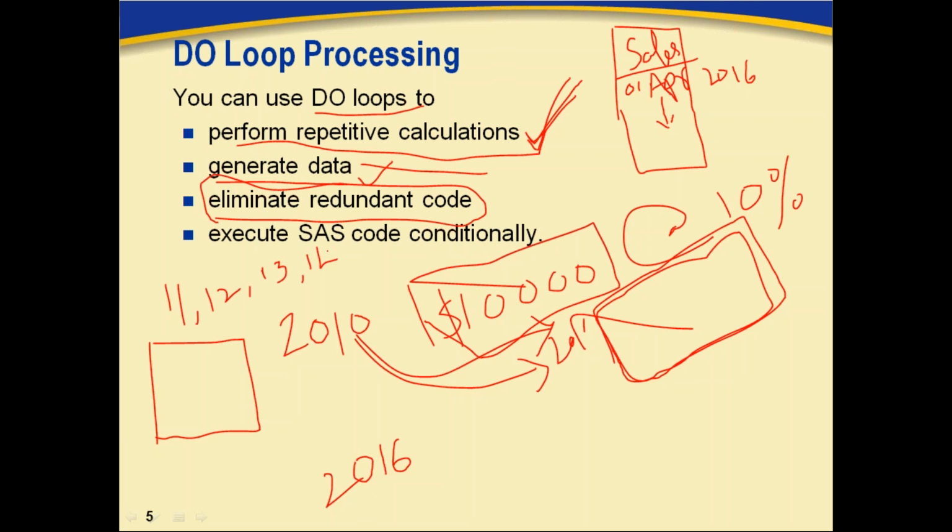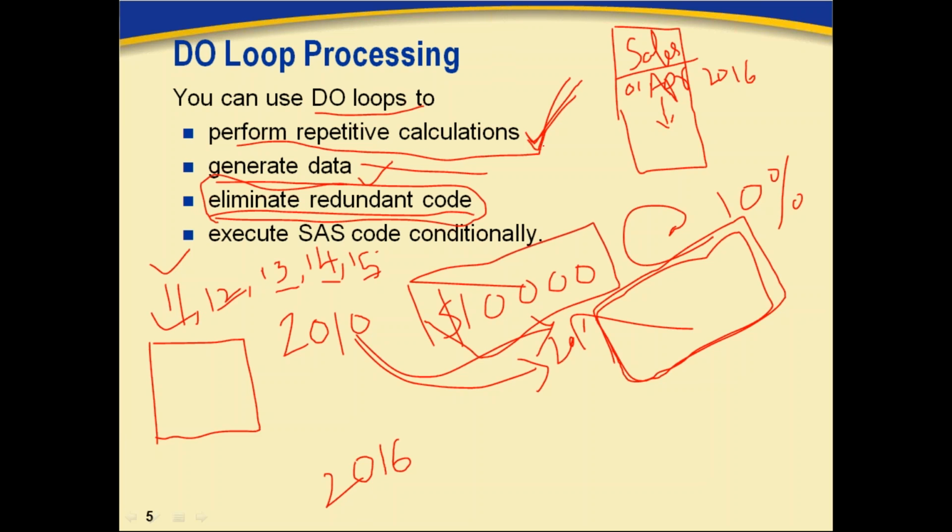So there is no need to write proc print data equals SASHELP.CLASS where age equals 11 n number of times, the same SAS statements. You can eliminate the redundant code using loops.